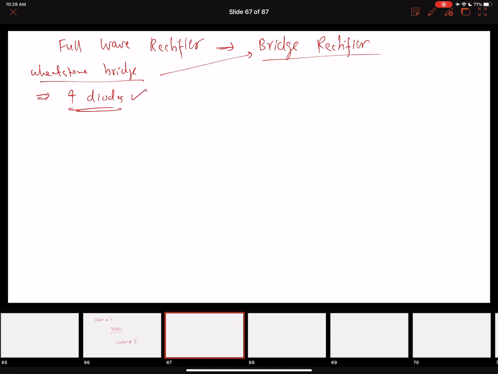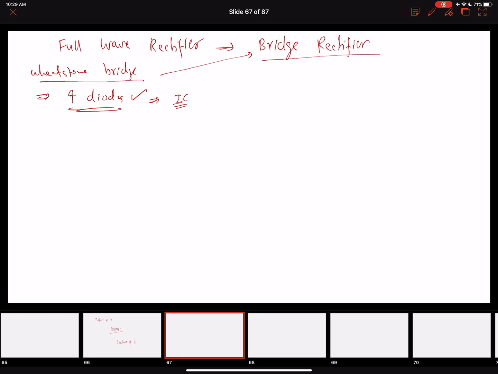Note that diodes are usually very inexpensive. And another advantage is we have some ICs available which have all of these 4 diodes in a bridge rectifier configuration already available. So in that sense, it is pretty simple to use a bridge rectifier circuit.